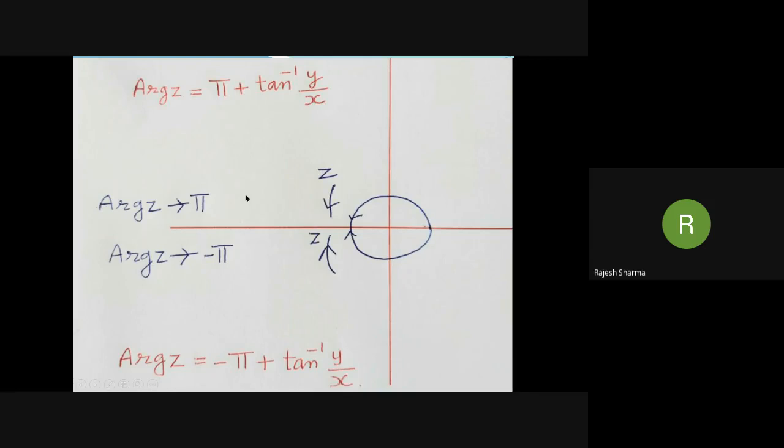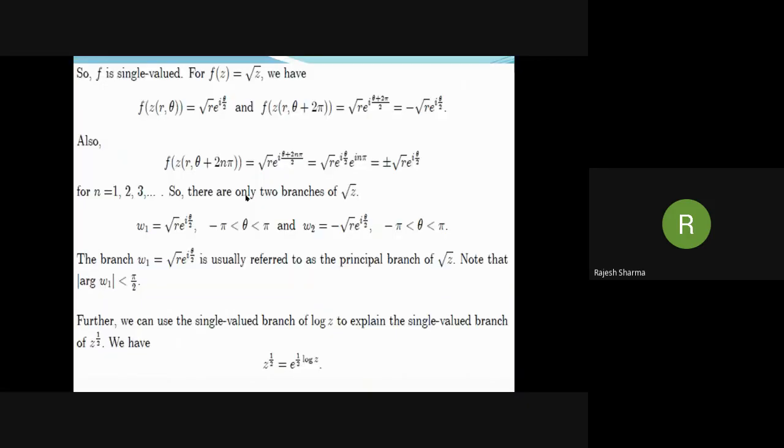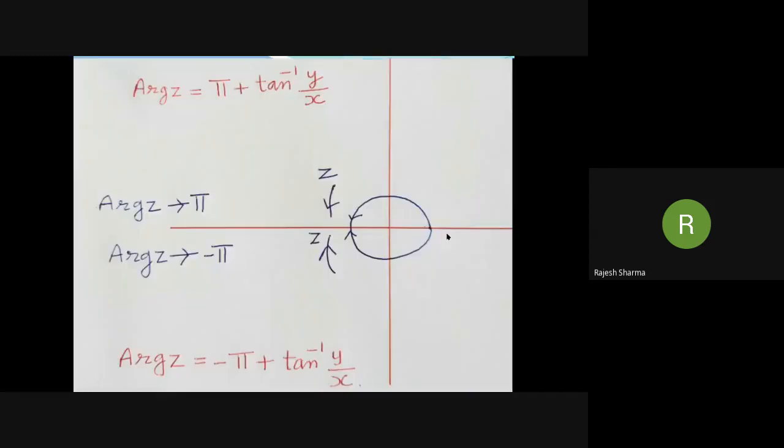So in this case it is not continuous along this negative real axis. That is why we have to omit this negative real axis, and equivalently we have θ strictly less than π.